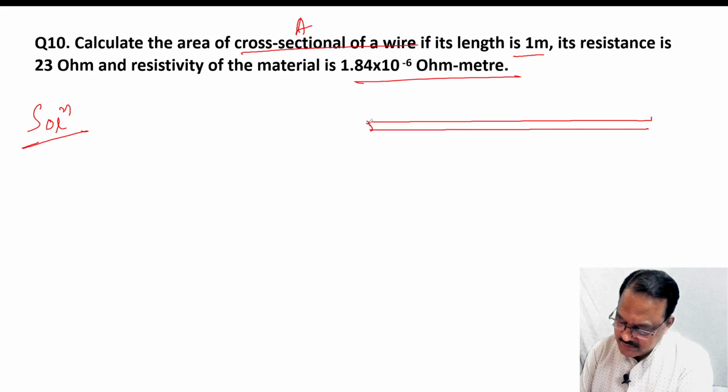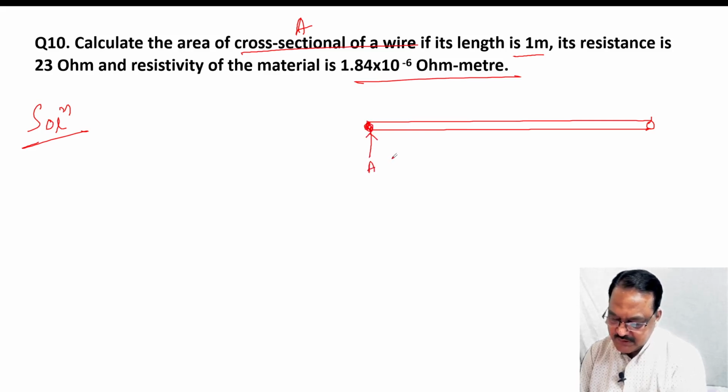It makes physics very easy to understand because it gives the physical appearance. See here, this is the cross sectional area. This is A. How much is it given? It is to be calculated. Calculate the area of cross section.